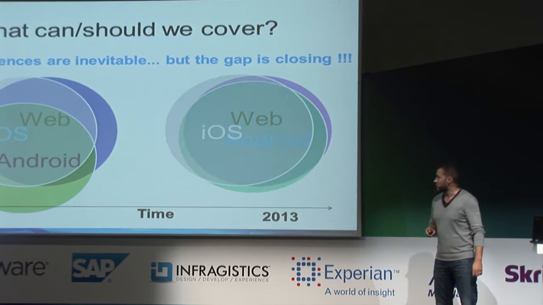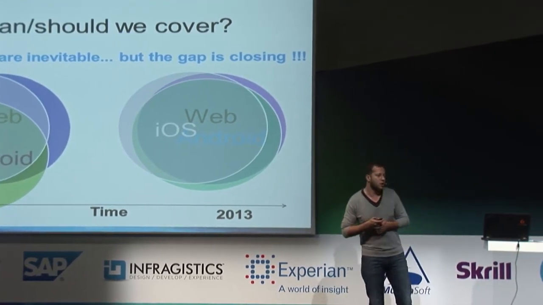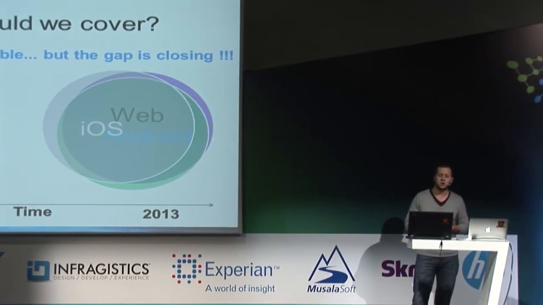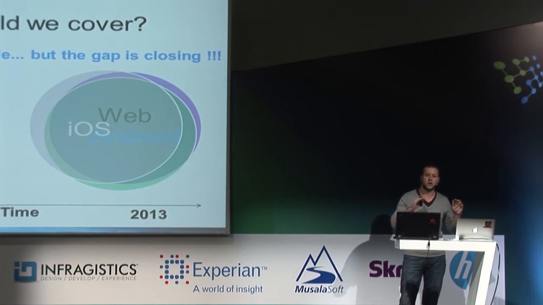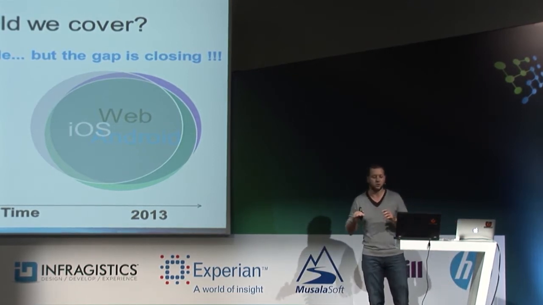So eventually everything will merge. So your customers will want the same functionality on all the platforms. And in this talk, I'm not going to convince you whether you should do native applications or whether you should do web only. This is not the point of the talk. So it assumes that you are actually doing multi-platform development and you need some testing approach.